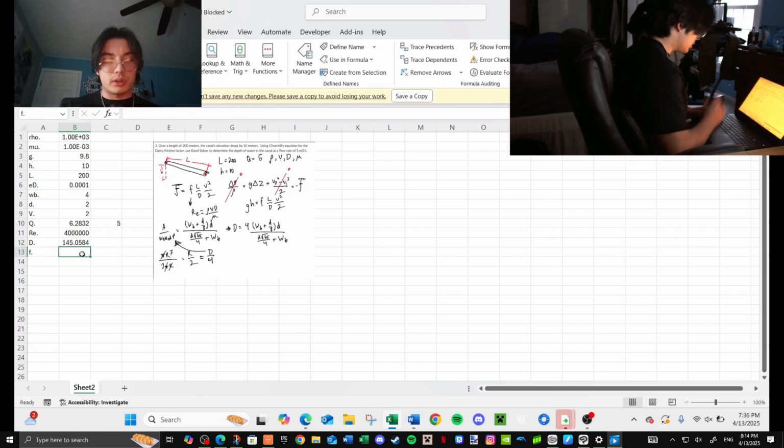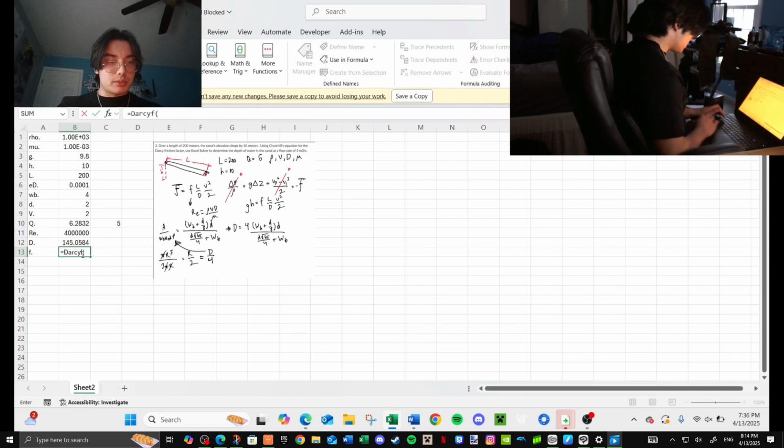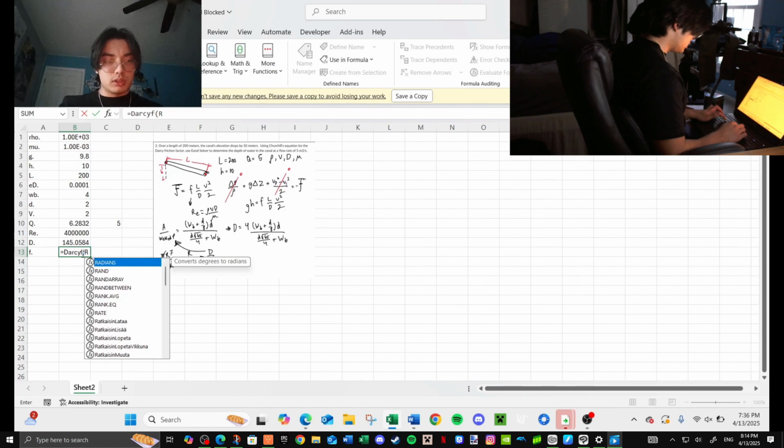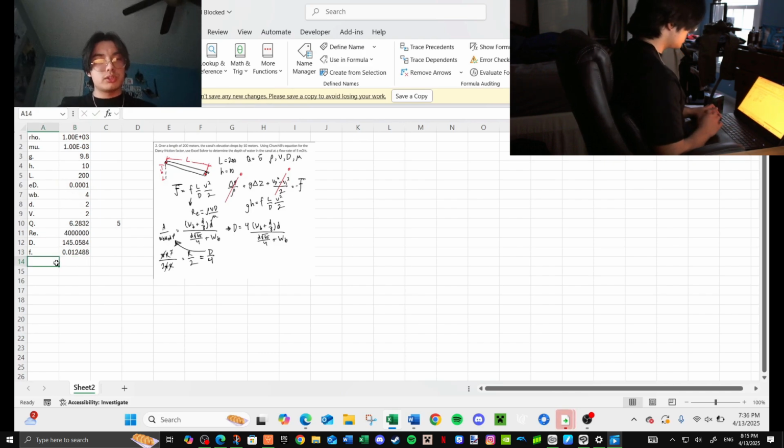That'll be our diameter. And then the friction factor, we're just going to be using the function with Reynolds number and the roughness factor as our conditions.